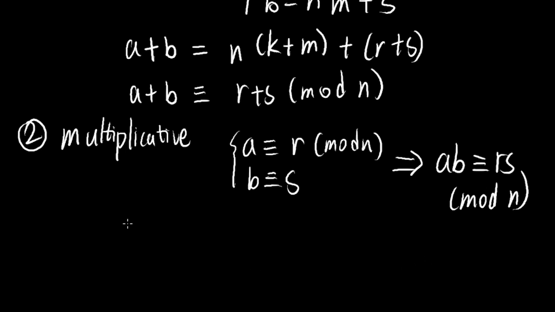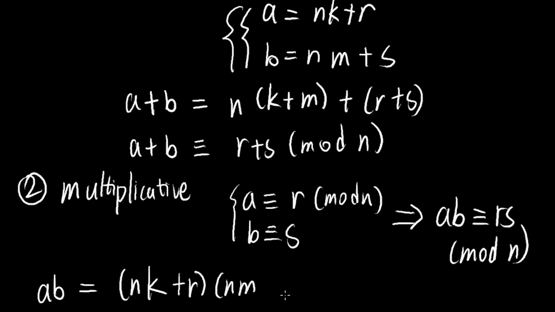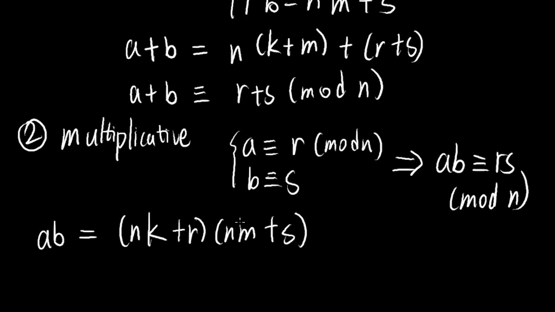And it is also easy to show because using a similar technique, we can write a times b as n times k plus r, and n times m plus s.